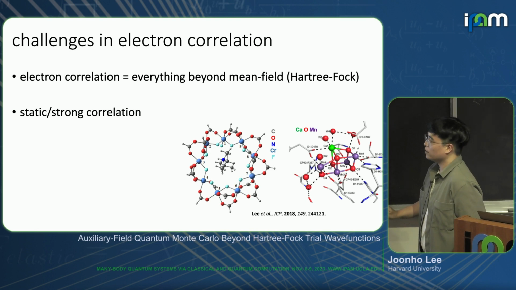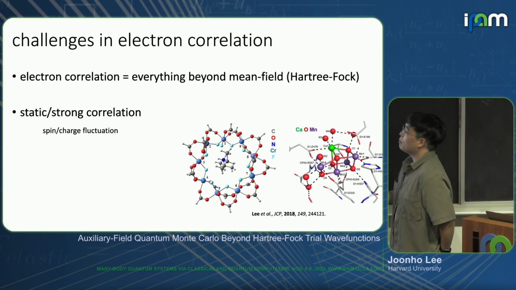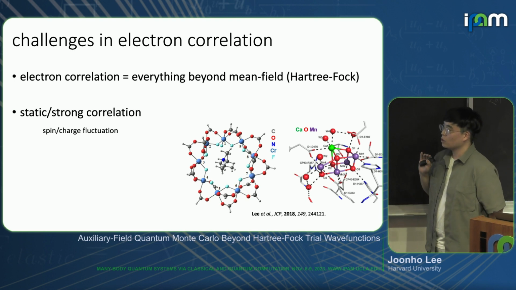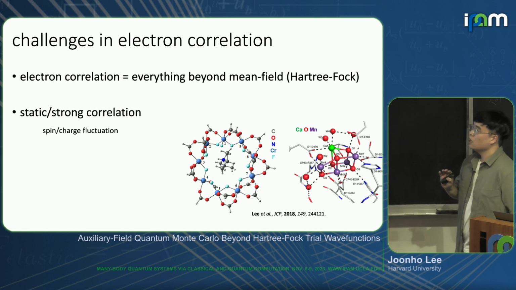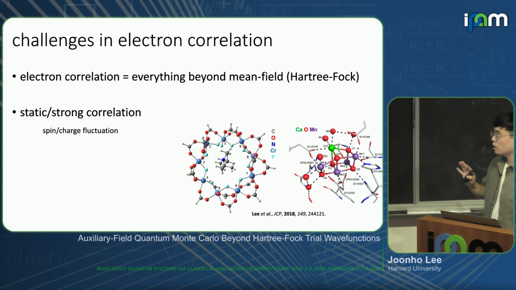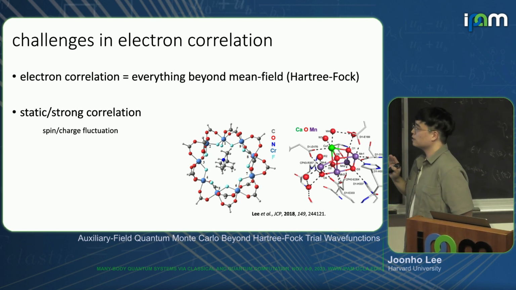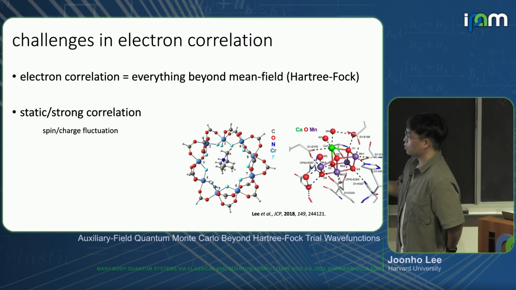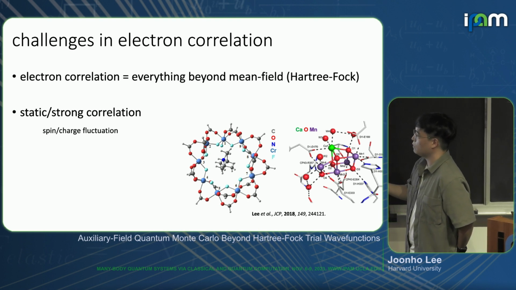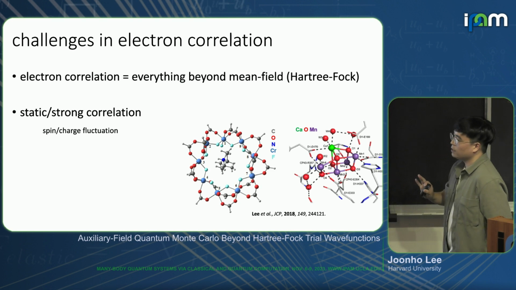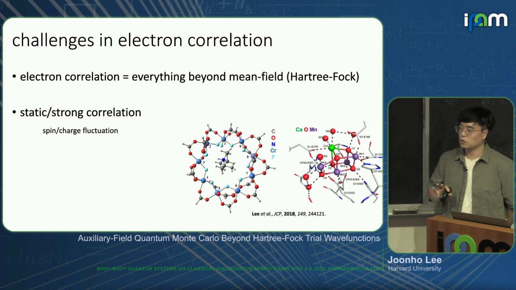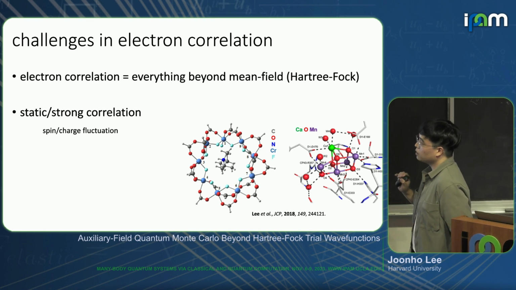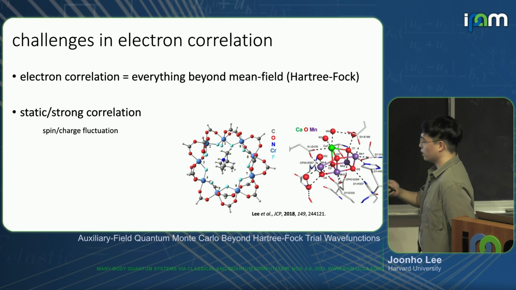It means that there is strong spin, or it could actually be both spin and charge, fluctuation that is so large that it really makes it difficult to assign either oxidation numbers, meaning the local charge states of these individual metal centers, or spin states of these metal centers. So strong spin and charge fluctuation is the real signature of what we mean by strong correlation.